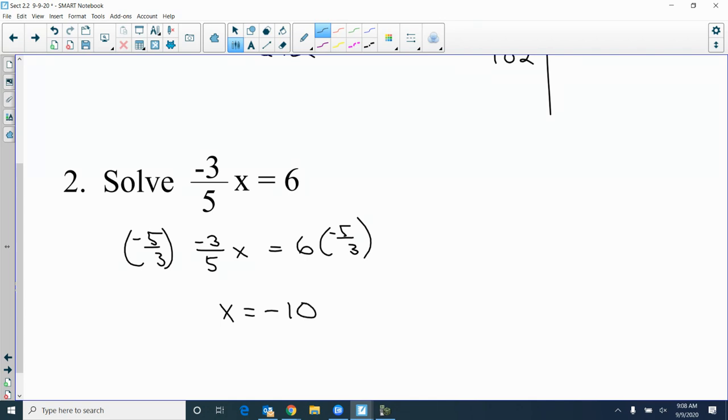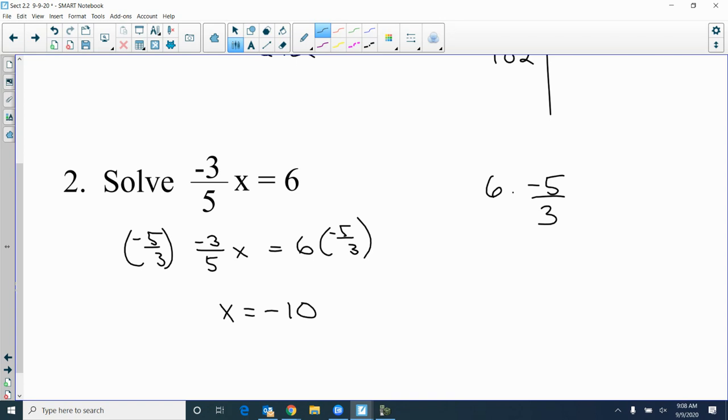Okay, let's go on the Wayback Machine. Do you remember how to do this without your calculator? 6 times negative 5/3. Yeah, any ideas? Josh?